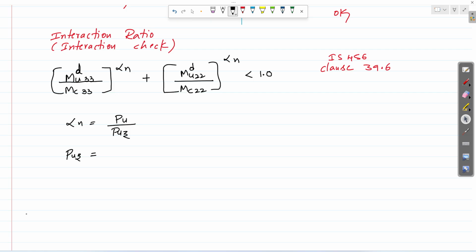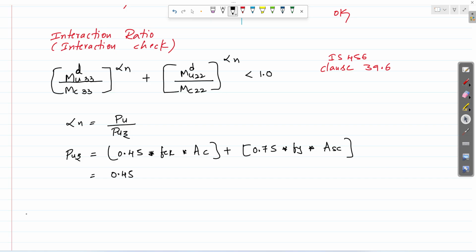Puz is 0.45 fck Ac, the area of concrete, plus 0.75 multiplied by Fy multiplied by Asc, the area of steel.